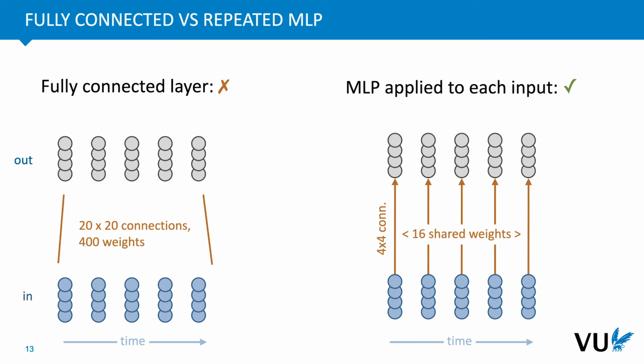By contrast, if we apply a fully connected layer or an MLP to each input individually, then we get a fully connected layer of 4 by 4 connections. If we share these weights at every point in time, then we do get a sequence-to-sequence layer, because now if we observe a sequence of 6 items, we can easily extend the MLP layer with another copy of these 16 shared weights. Of course, this is not a very useful sequence-to-sequence layer by itself, because it doesn't propagate any information across the time dimension.